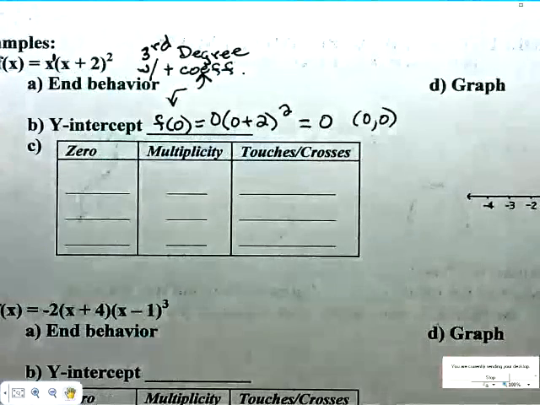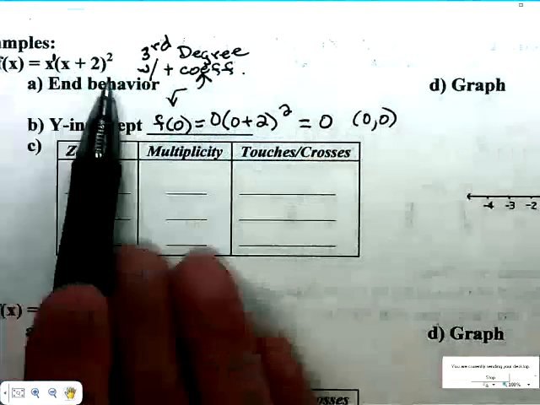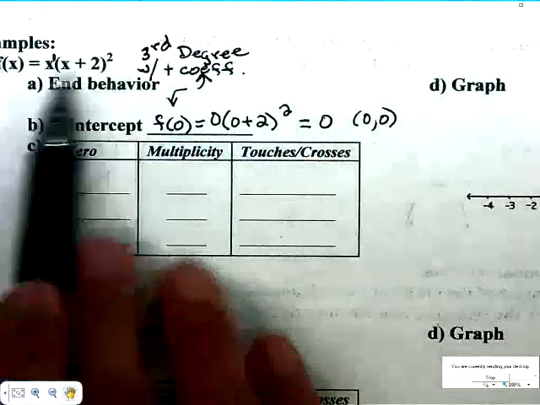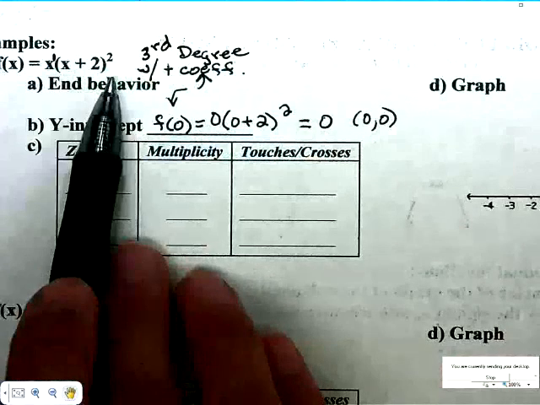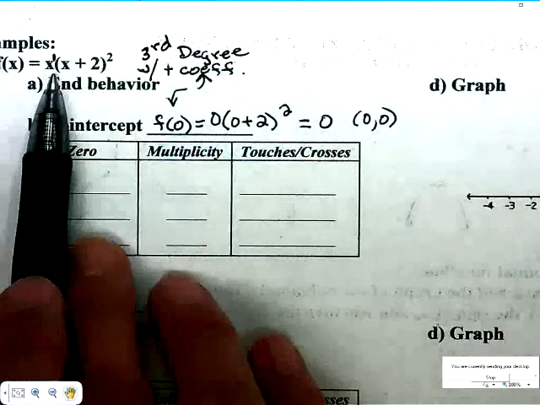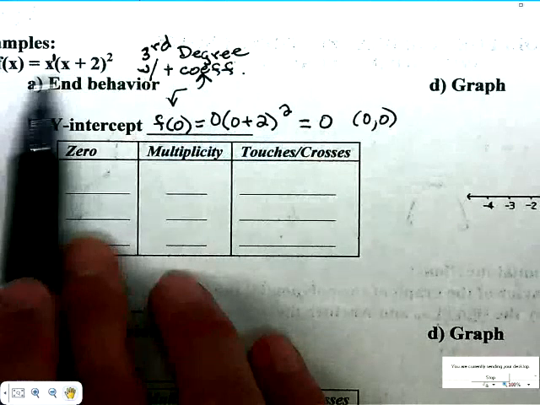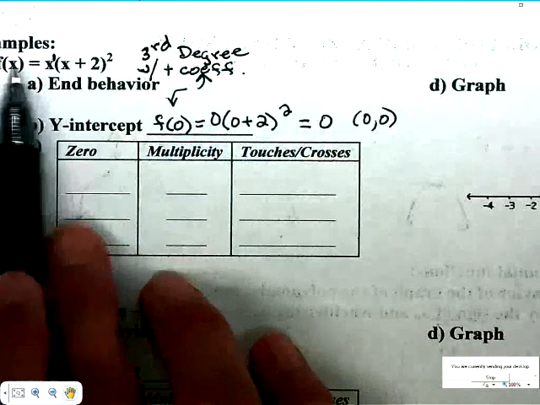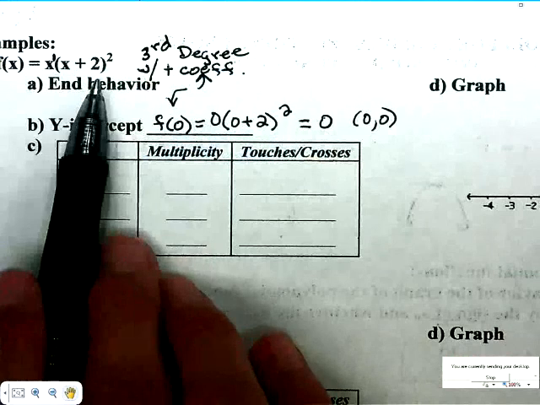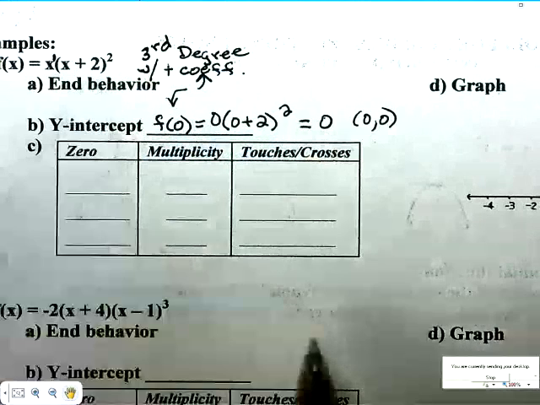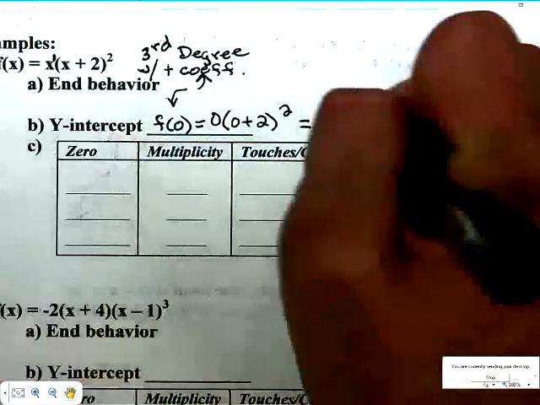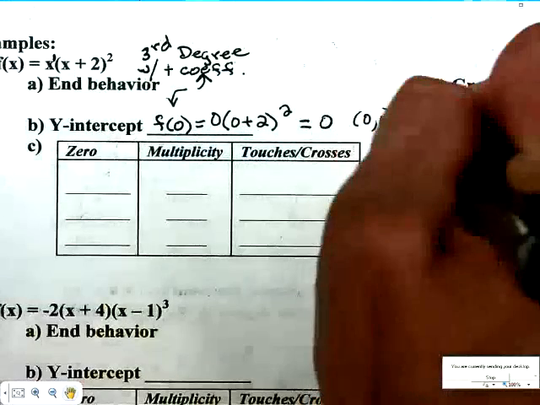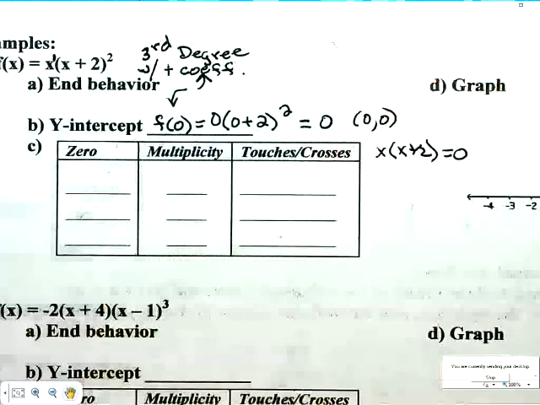How do you find the zeros of the function, also known as the x-intercepts of the function? Let y equal 0 or set the whole thing equal to 0. That's saying the same thing. If you set x times x plus 2 equal to 0, what two solutions are you going to get?